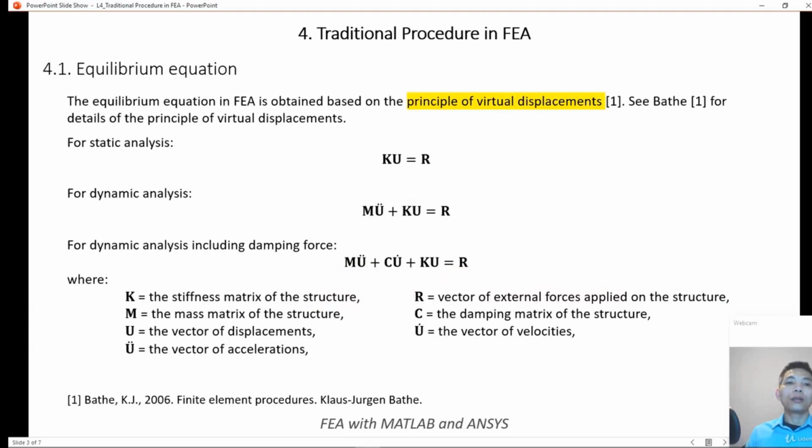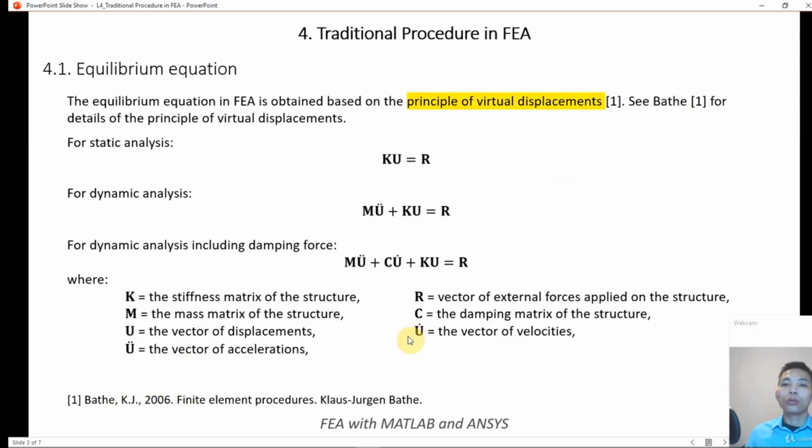So firstly, about the equation of motion or equilibrium equation. Basically, the equilibrium equation is obtained based on the principle of virtual displacement. I just put the reference here, which is a book from Bathe from MIT.